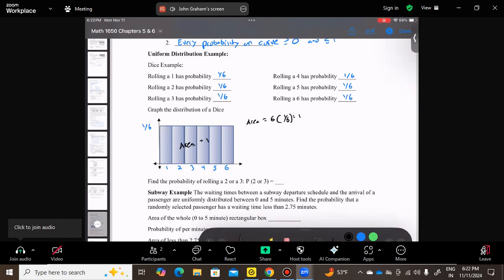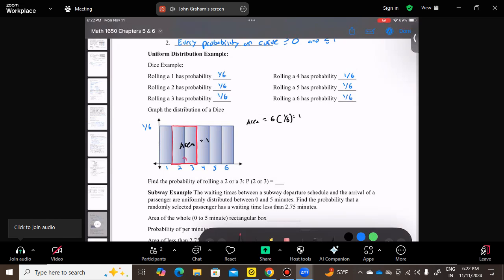But what if we're only looking at a section of this? What if we're looking at the probability of rolling a 2 or a 3? Now we're only looking at this section. You still have the 1/6, but you have 2 values here.